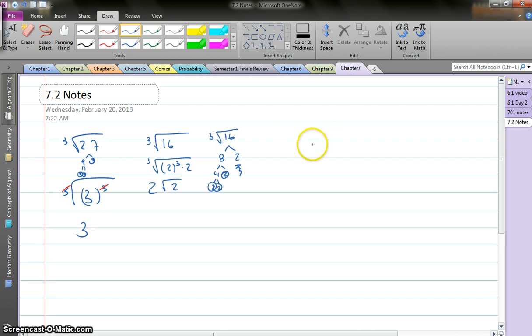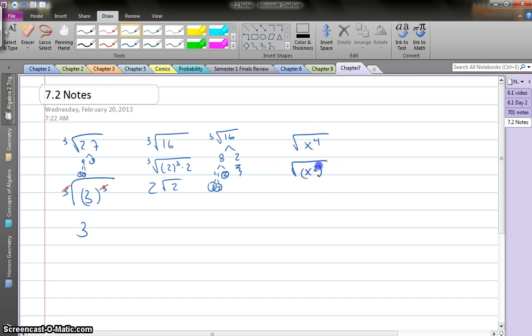Now let's talk about variables. If I have the square root of x to the 4th, think about it, I would have x squared, x squared. Another way to think about this, since it's a square root, and this is how I like to think about it: what to the second power is 4?